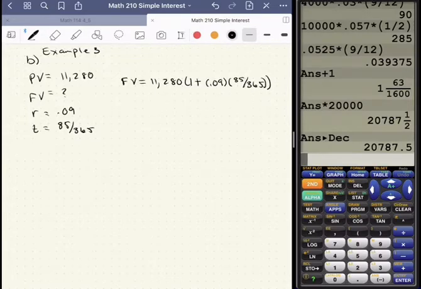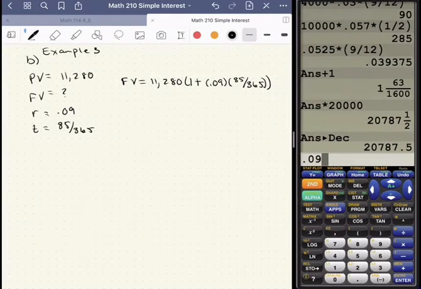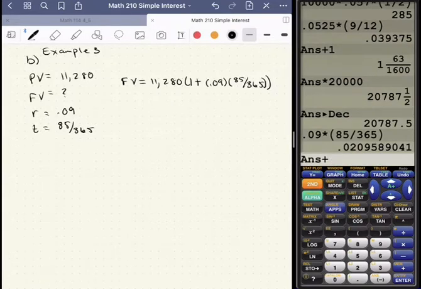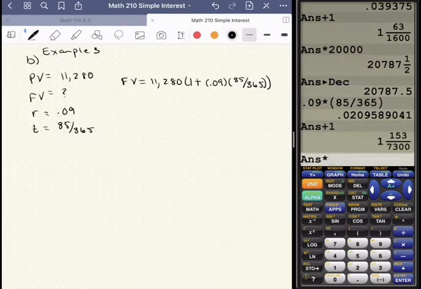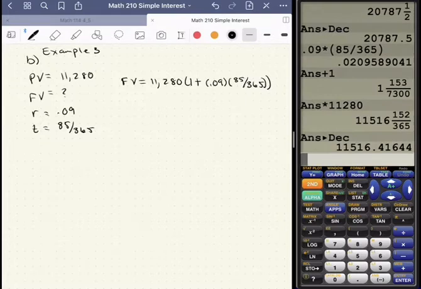Let's get that into the calculator. 0.09 times 85 over 365 plus 1 times 11,280. And let's get that into decimals. This becomes that my future value equals 11,516 with 42 cents.